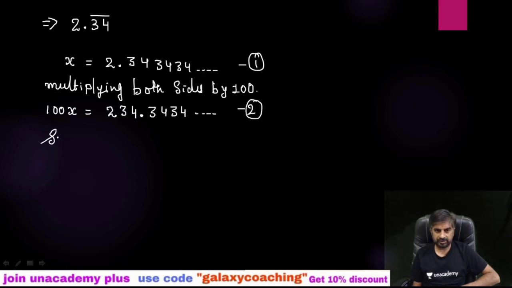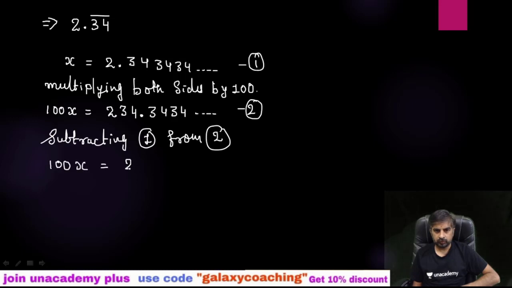Now subtracting 1 from 2, smaller number from bigger number, so 100x equals to 234.3434 and so on. Now you need to match the decimal, guys. Here x will come here, but I have seen many students writing here 2.34. Guys, you need to match the decimal, so 2 will come here, 2.3434 and so on.